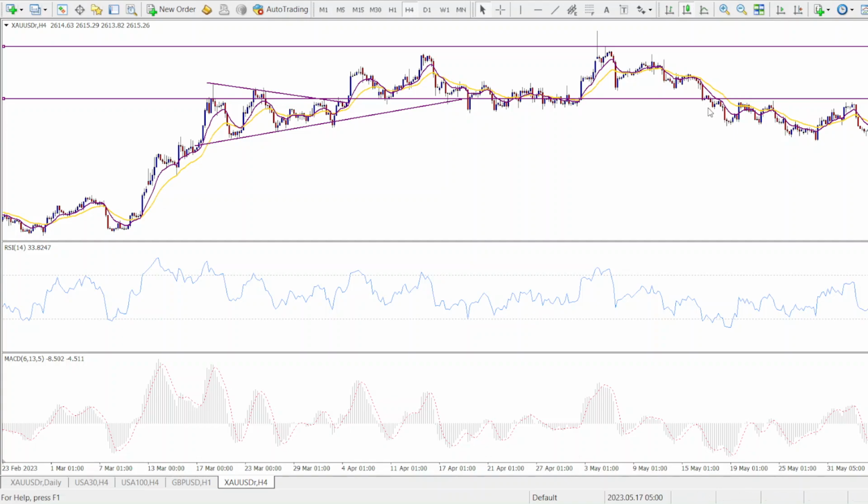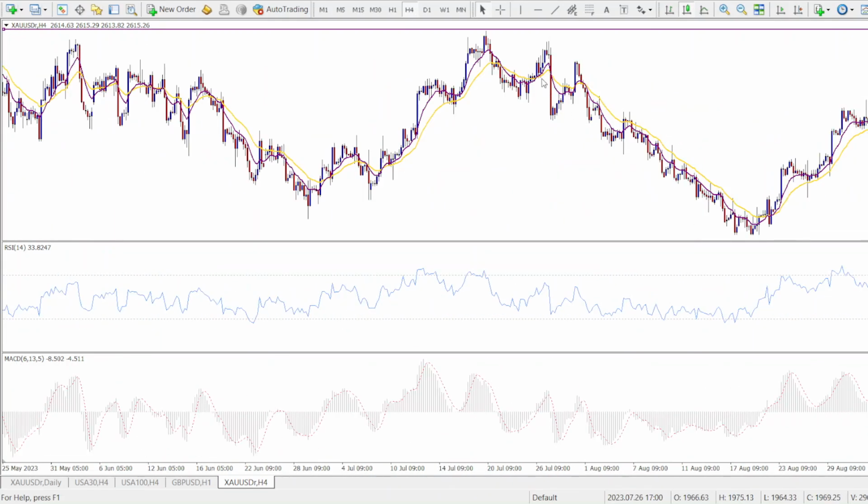So when the shorter period moving average, in this case the 9 period, crosses over the longer period, in this case the 21 period, it usually signals a bearish reversal, okay? It is a common occurrence.